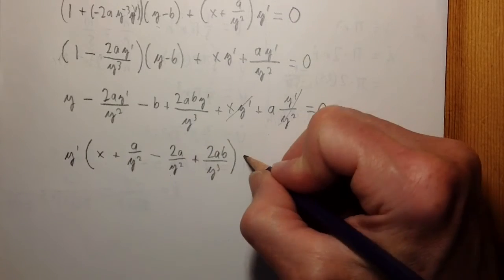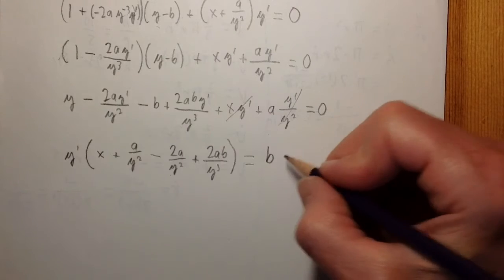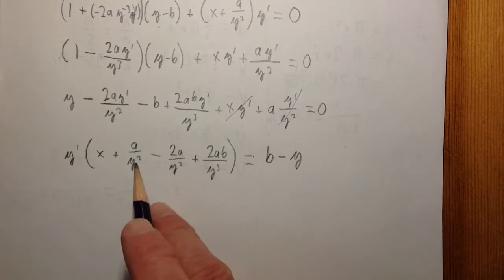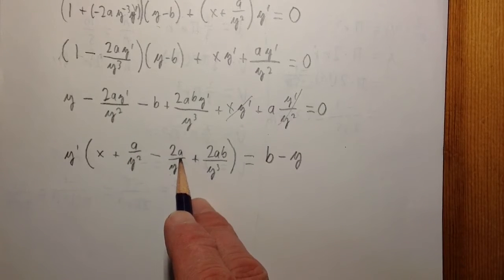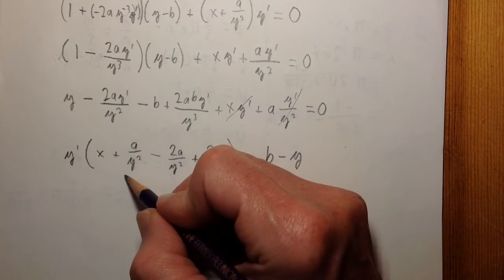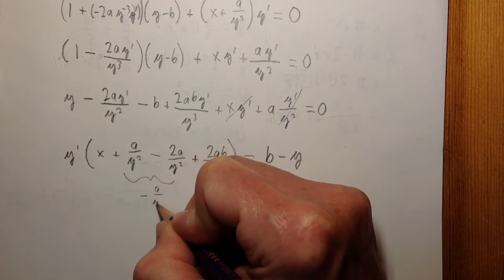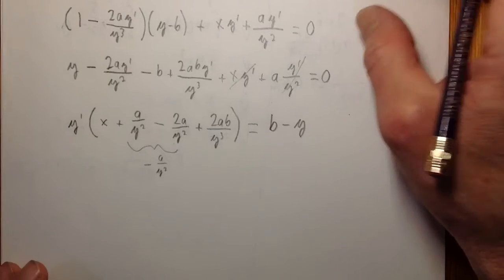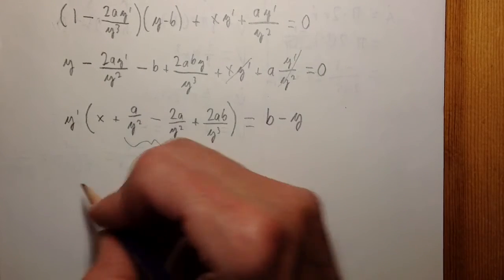Taking out the y prime equals, on the other side, negative b becomes positive b. Positive y becomes negative y over here. Okay, well this is nice. We have a over y squared minus 2a over y squared. So that's just minus a over y squared. So these two combine to minus a over y squared. Okay, let's put those on the other side now. Divide everything by this whole mess, but these two can go into one.